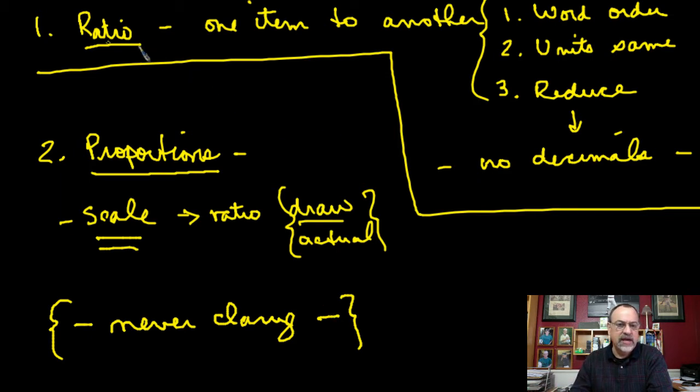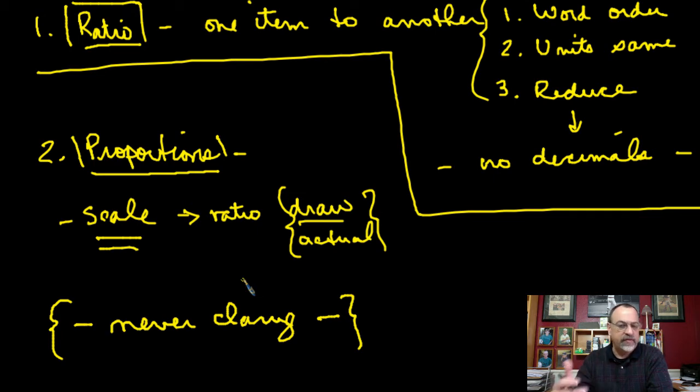So it is unlike this problem up here where we're trying to find the ratio of one item to another. We're not doing that. We're using the scale in order to calculate lengths in a drawing or lengths in actual life. So if you're given a scale and you're asked to determine the length of something, you're going to use proportions. You never change that scale.